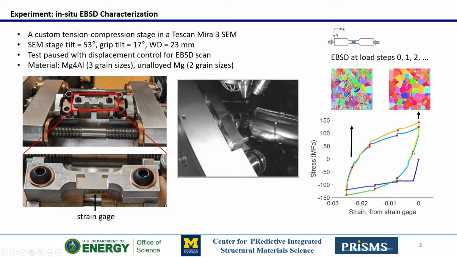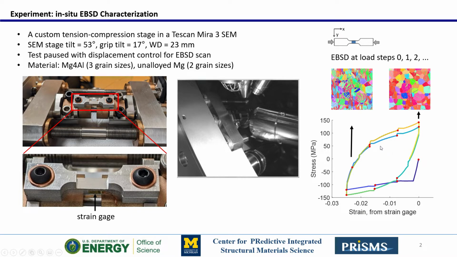For the experiments that I performed, typically there are 2 load cycles and 14 load steps. These red dots indicate the strain levels or load steps at which we pause the test for EBSD characterization.